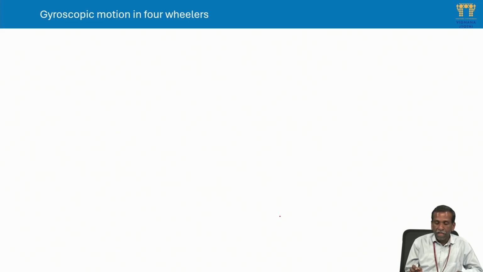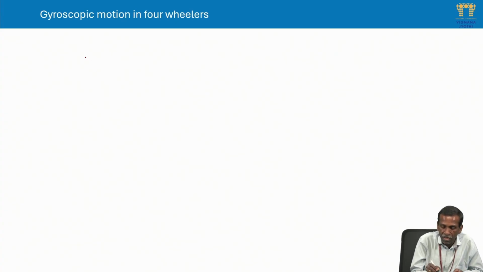Then we are going to discuss the ground reaction on the wheels and in how many ways the ground reaction exists in four-wheelers. One is, as I already told, the ground reaction due to the mass of the vehicle.